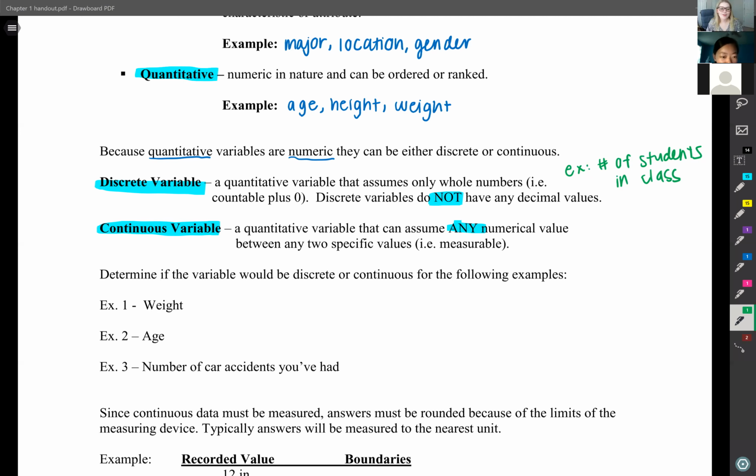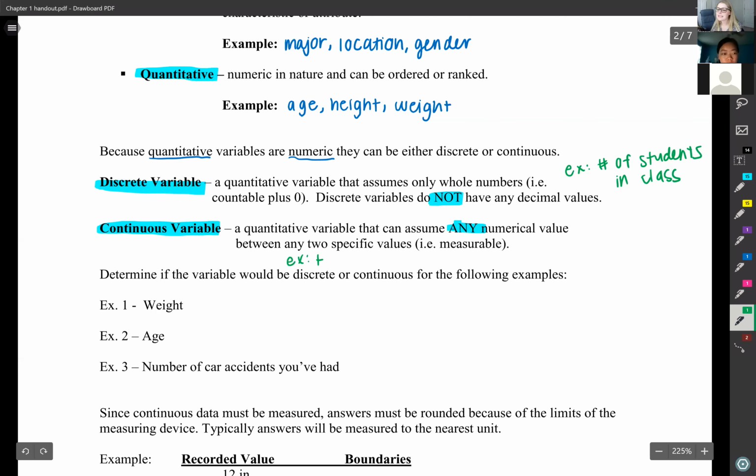Okay, so the other type of variable is continuous. This can take on any numerical value, and it says in parentheses, in other words, measurable. That's something that I think really helps when you're trying to distinguish between the two. An example would be temperature.